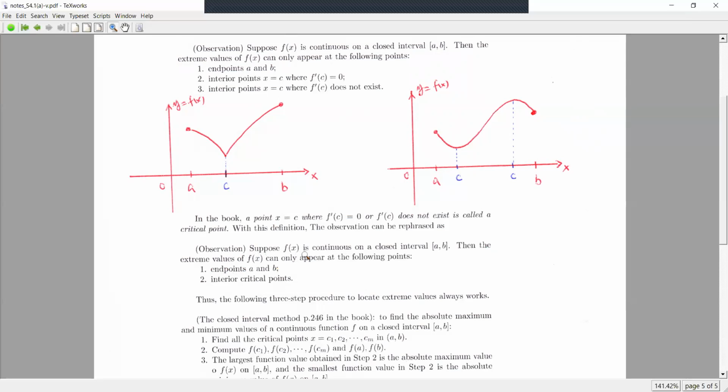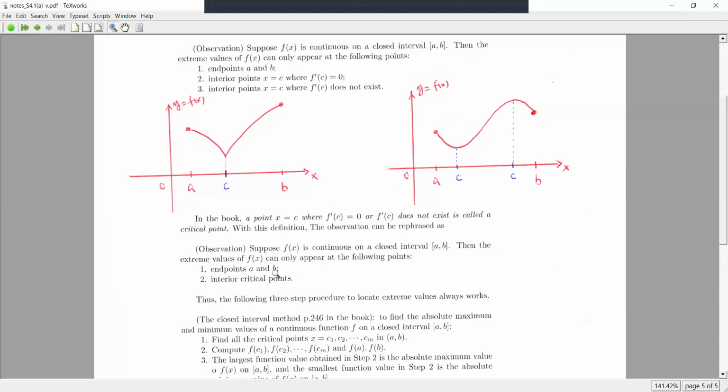Suppose a function is continuous on a closed interval. So by the extreme value theorem, the function must have a maximum and a minimum over this interval. Then the maximum and the minimum values of the function can only appear at the following points.